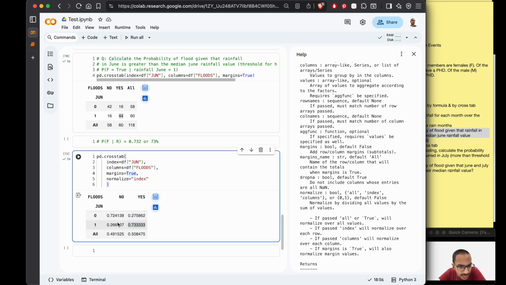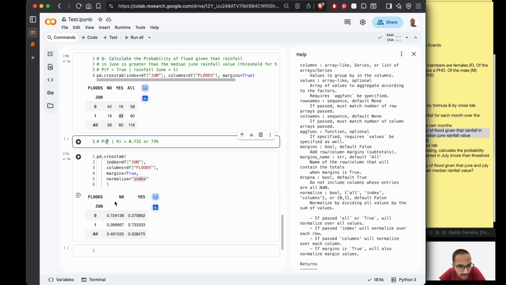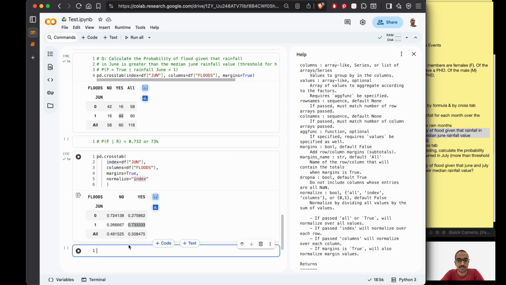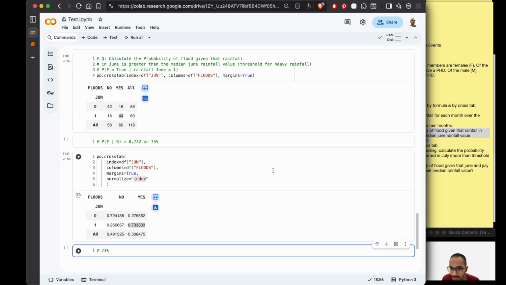So when we set the value to normalize to index, we are getting as per the question P of F given R. So floods yes, and given rainfall greater than the median value, which is directly coming to 0.733, which is 73%. So we are directly getting the value, which is 73%, right? So that's how we solve this question.